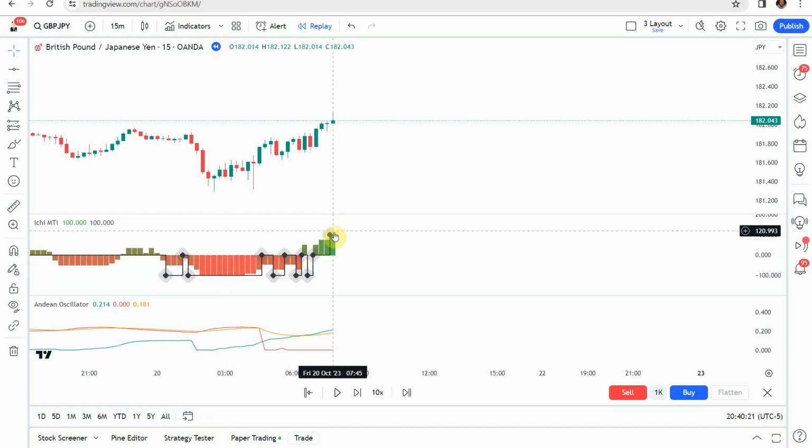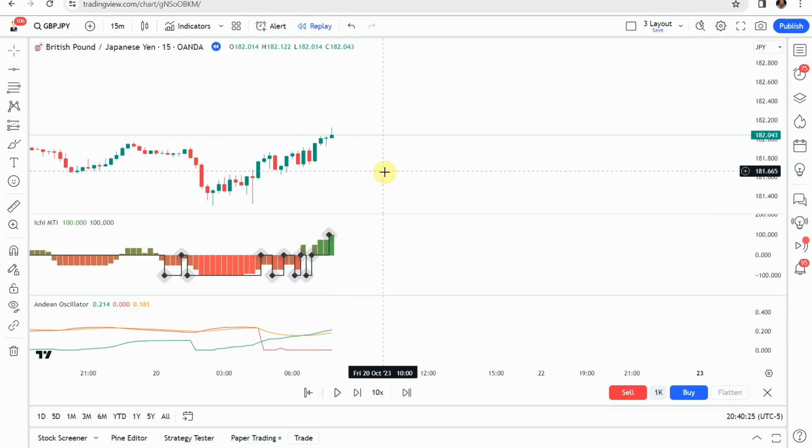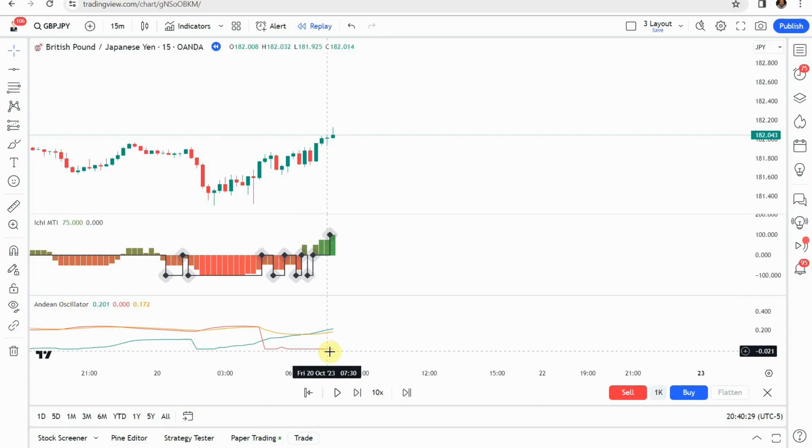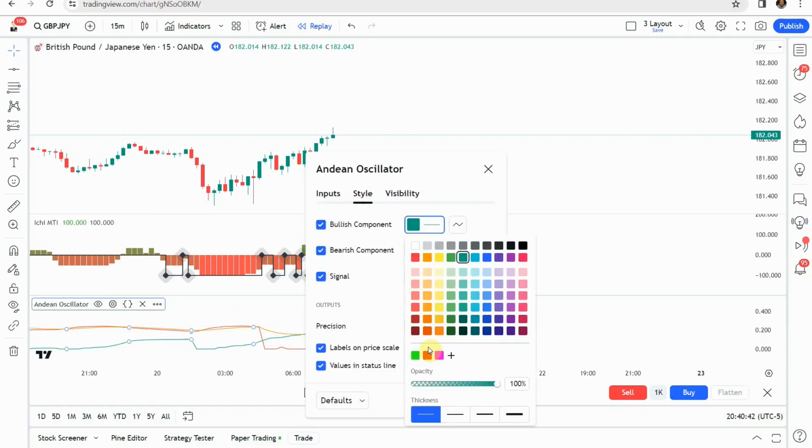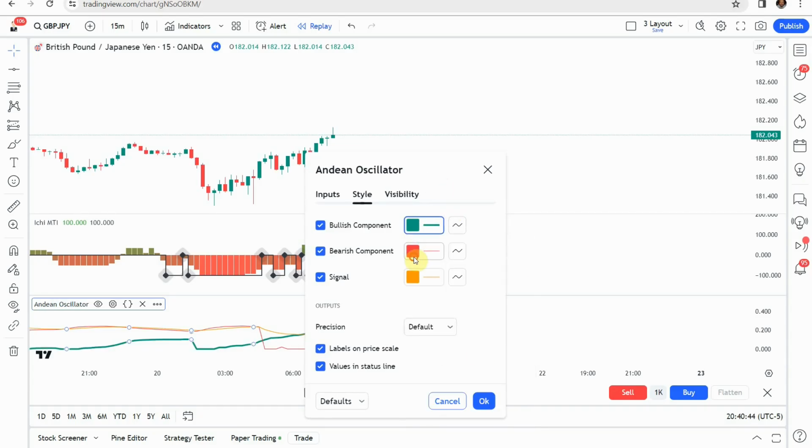And so in this case, what we're looking for is when that diamond appears, the green bar to be maxed out. We're then going to look down to the Andean Oscillator, and we want it to be the green line above the orange and the red, like so. It's kind of hard to see. The Andean Oscillator isn't all too clear, let's see if I can bump up the line weight here a little bit.